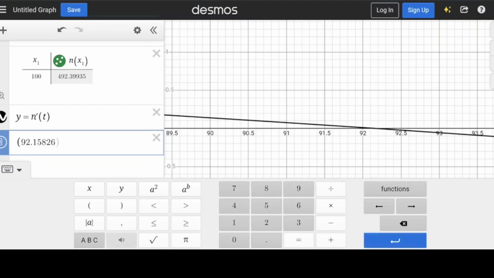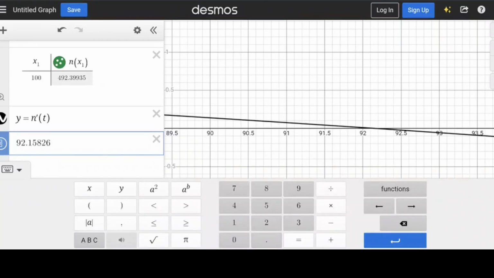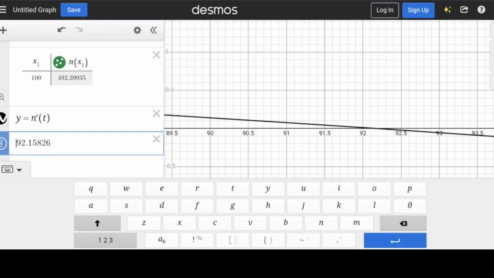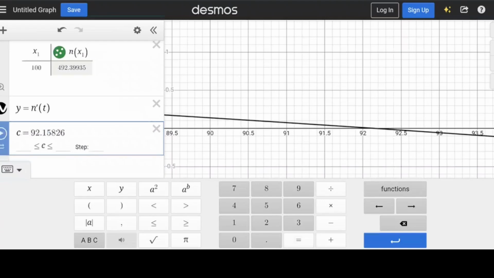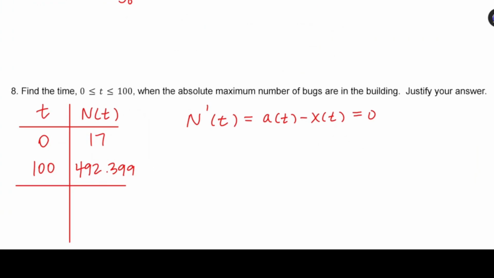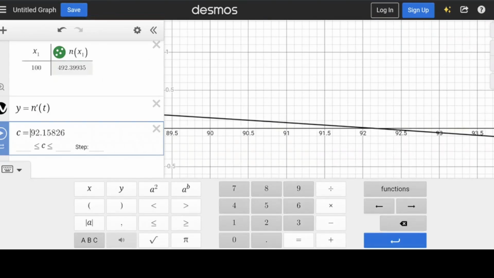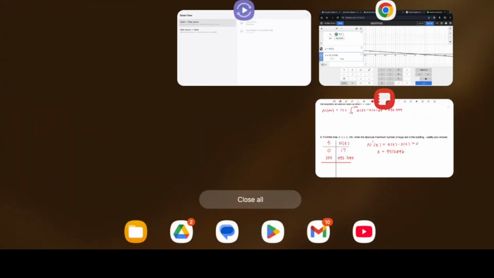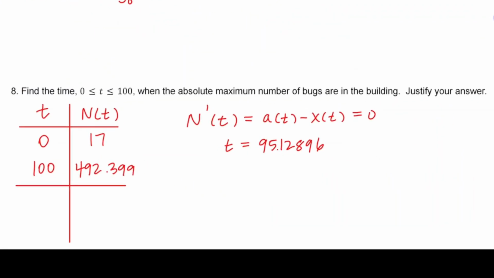I'm going to call this value, no, there's not a letter on the outside, I'm going to call it C. So C equals that, 92.215... 218.526... Wow. That just goes to show you I need to have this on a split screen.